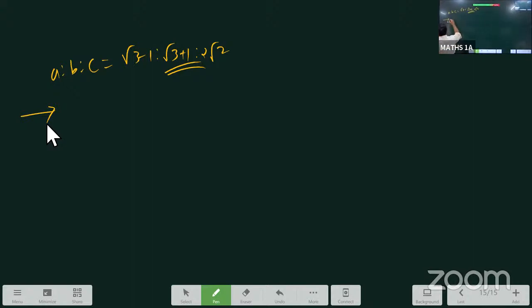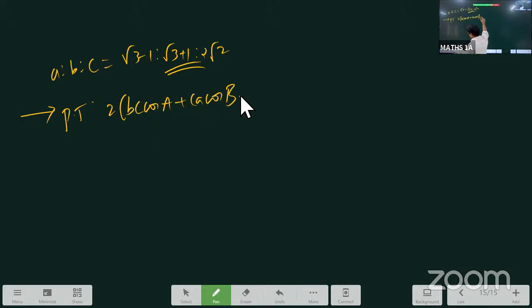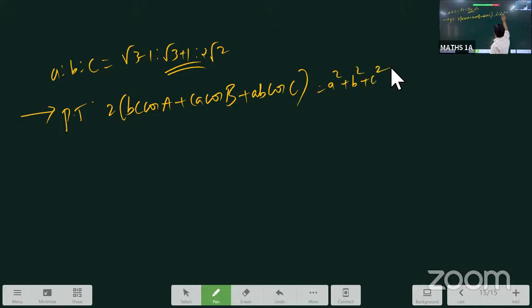Let us see the question. Prove that 2 into BC cos A plus CA cos B plus AB cos C is equal to A square plus B square plus C square.